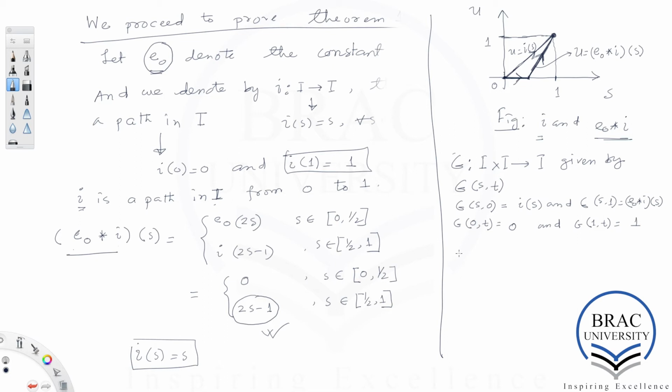And the claim is that G defined by G of s comma t equal to (1 minus t) times I of s plus t times E0 star I at s is a path homotopy between I and E0 star I. That is, it is a continuous map and it satisfies these two conditions for path homotopy.